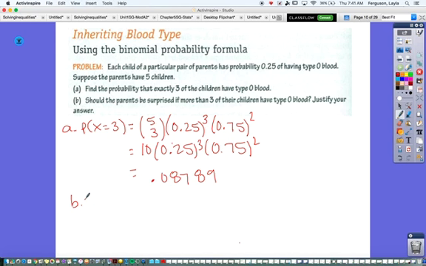B. Should the parents be surprised if more than 3 of their children have type O blood? Justify your answer. So what we are doing for this one is the probability that X is greater than 3. And so if we think about being greater than 3, there's only 5 children, so that means the probability that x is equal to 4 plus the probability that x is equal to 5.